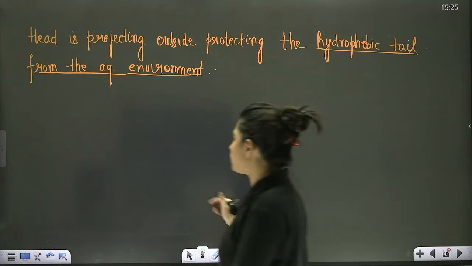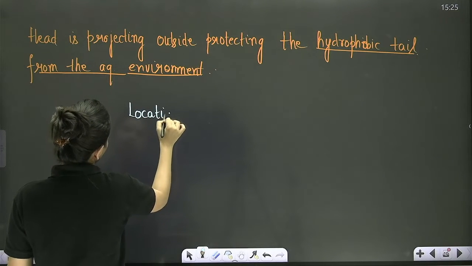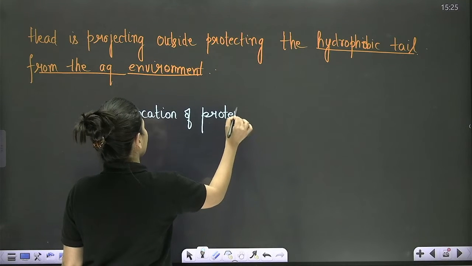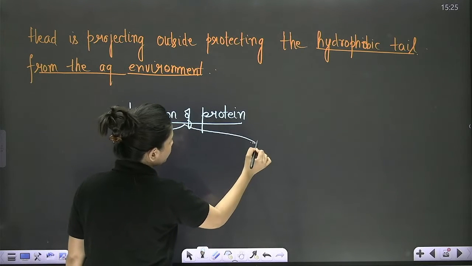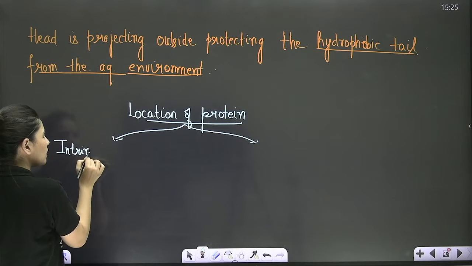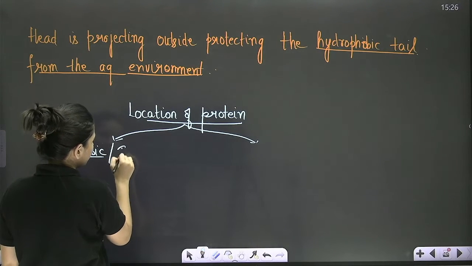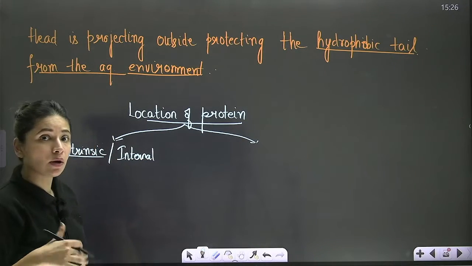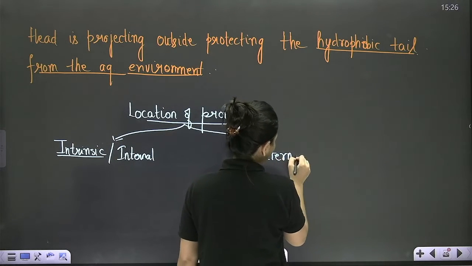The next point that you're going to write is: depending upon the location of protein on the membrane, beta, they can be of two types, either intrinsic, also called internal protein, or extrinsic, also called peripheral protein.